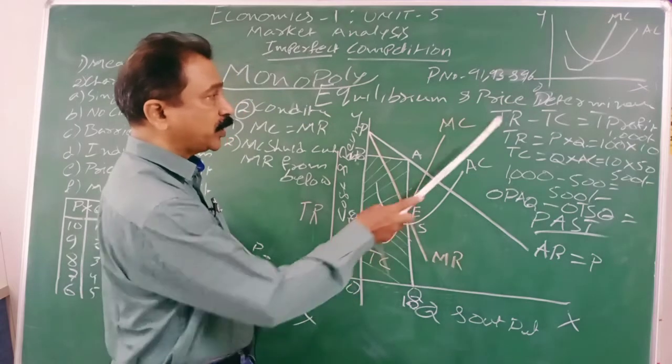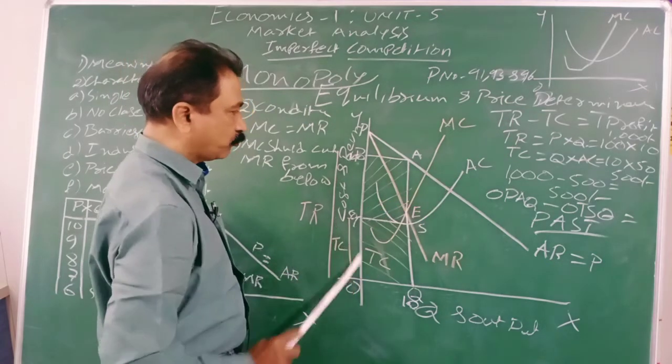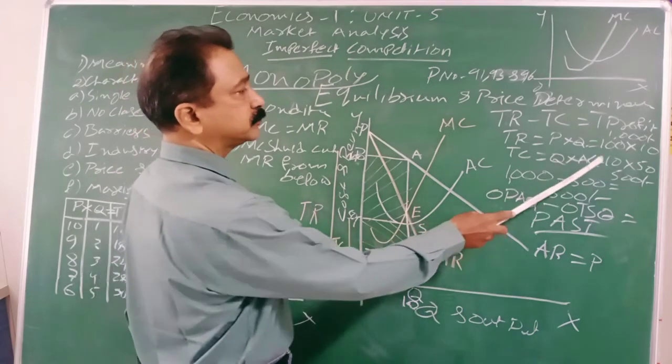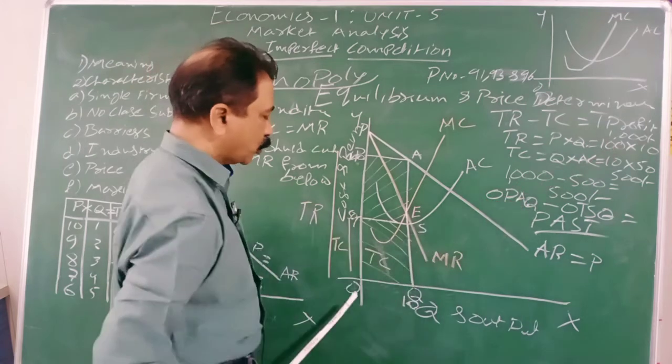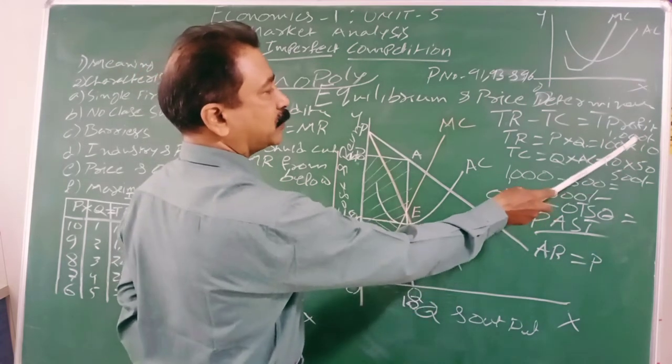So here, how do you get the total revenue? P into Q, OP into OQ. OP is how much? Here you can see OP is 100. OQ is how much? 10. 100 multiplied by 10, 1000.